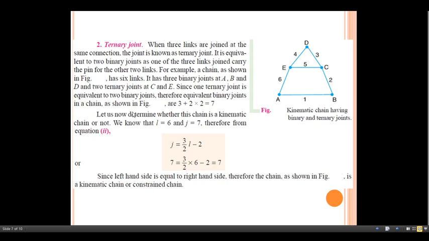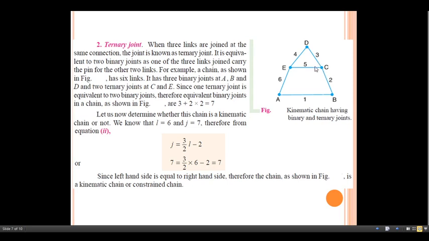The next case is the ternary joint. Ternary means that three links are joined at the same connection. Look at this one: three links are connected at a single joint. The same case is here. Then it is known as a ternary joint.